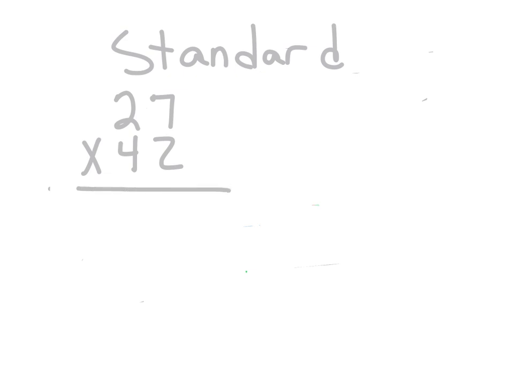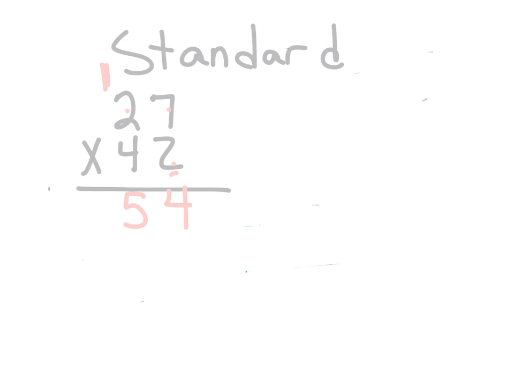Well, we're still going to start in our ones over here. We're going to say 2 times 7 is 14, and we carry that 1, and 2 times 2 is 4, plus our 1 makes 5.